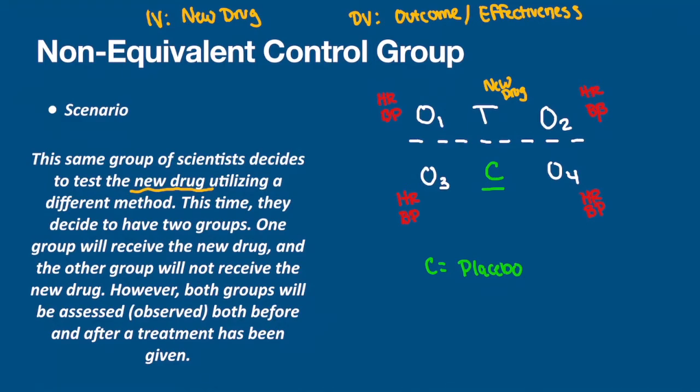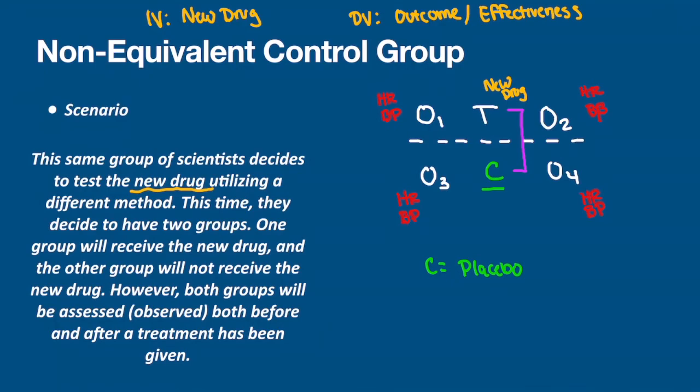So what this gives us an opportunity to do is to see, is there a difference between the use of this new drug and a placebo? And so ultimately what this is going to help us do is to see, does this new drug work better than nothing at all? Because that's what our placebo is.